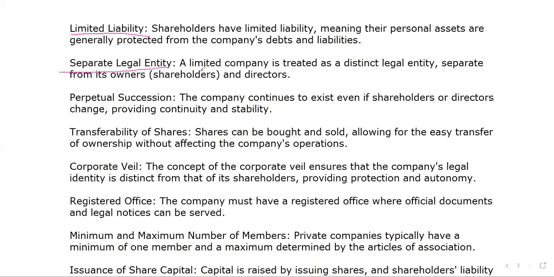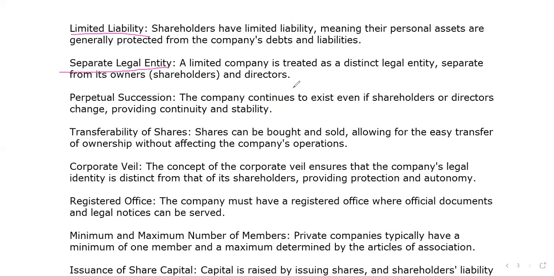Then they have what we call separate legal entity, which means that the company is treated as a distinct legal entity, which is separate from its owners. So if you, as the owner of a company who's a shareholder, is abusing company vehicles, the company can sue you and you may have damages.